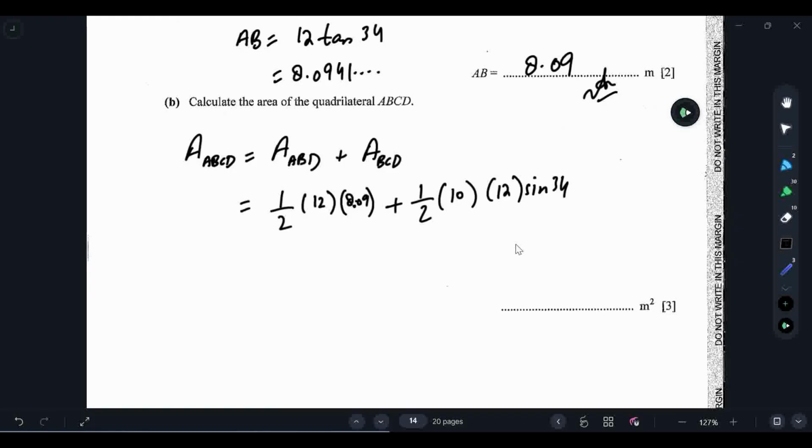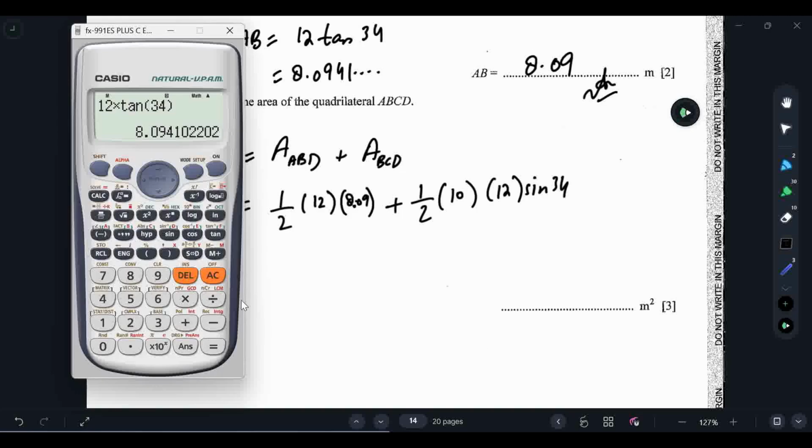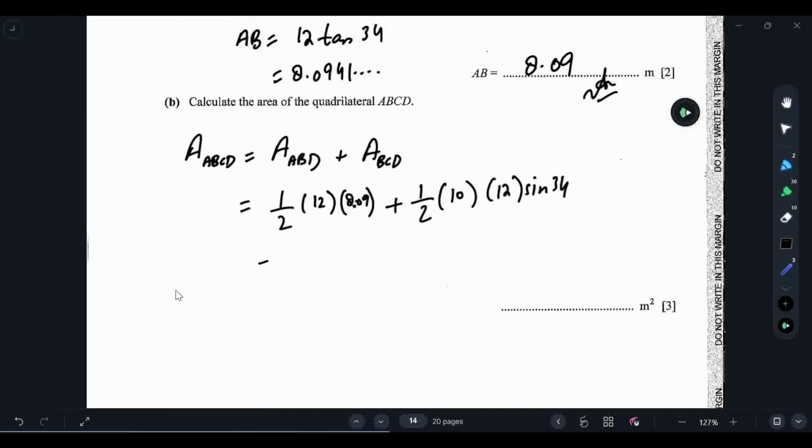If we simplify it using the calculator, this should be equal to 1 by 2 multiplied by 12 multiplied by 8.0941. Let's use the accurate values over here. So this will be equal to 48.5646 plus, let's see the other one.